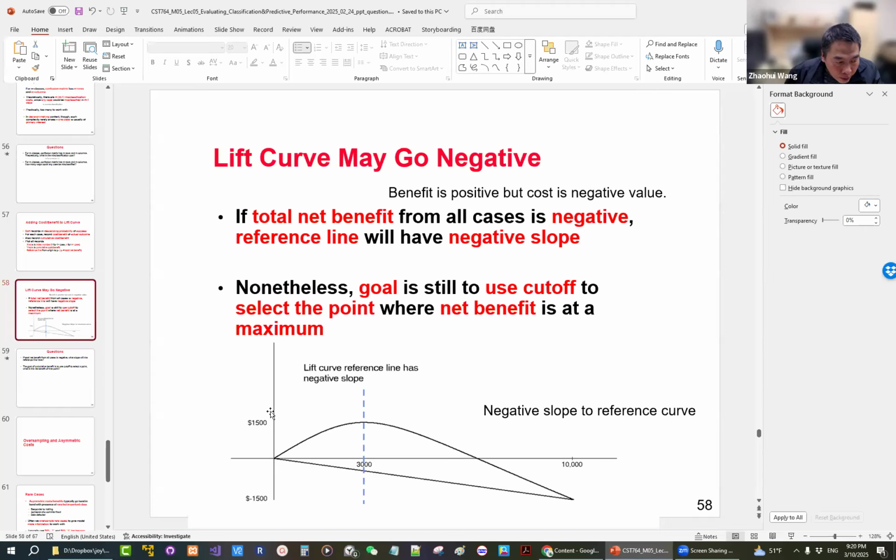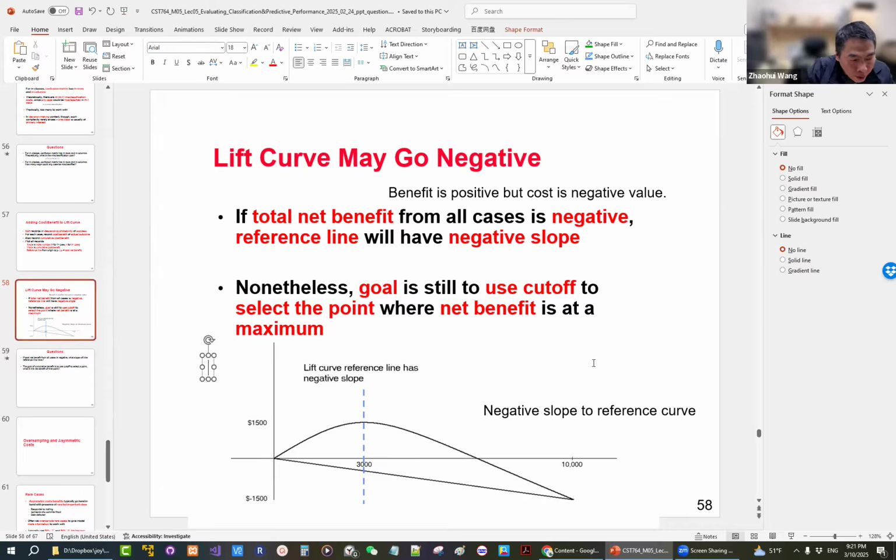So it will be here. The vertical direction is the benefit. The benefit is negative, so the slope of the reference line here will be negative. So the vertical is benefit.